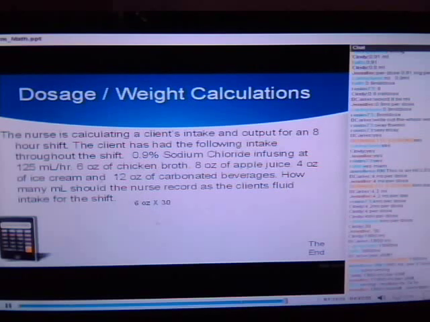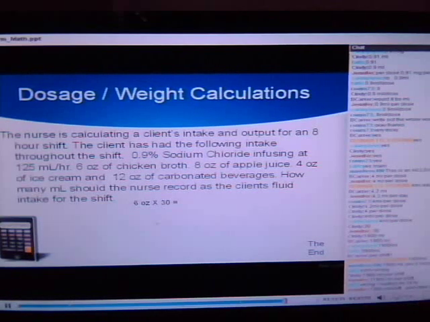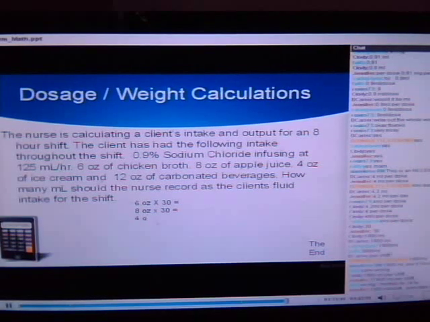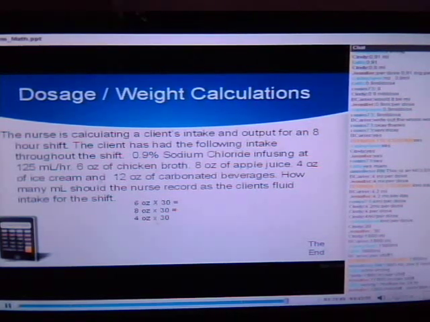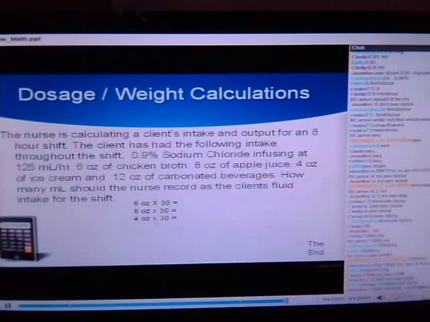The 4 ounces times 30. Add that up. Just put it like this right now, right, Faith? And then 12 ounces times 30 equals, right? Did I miss anything? I think I got everything. 6 ounces, 8 ounces, 4 ounces, 12 ounces.